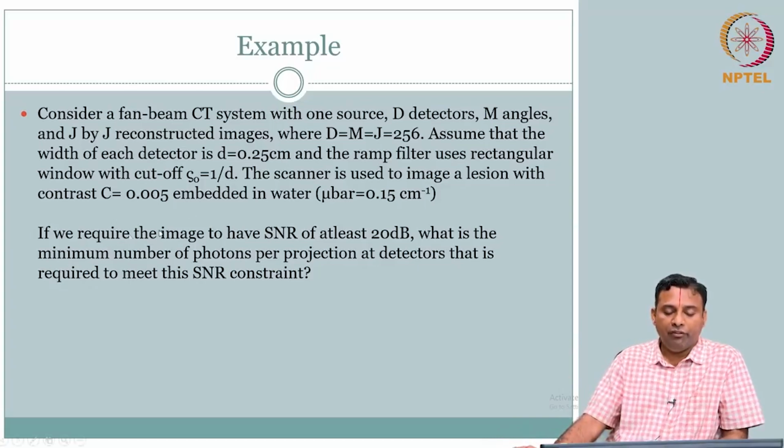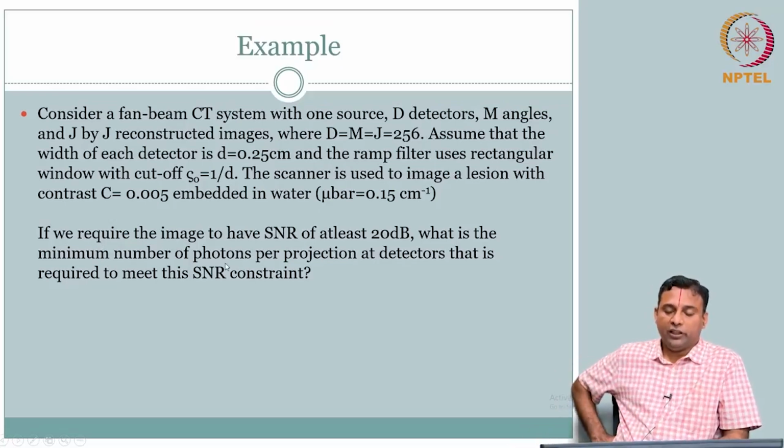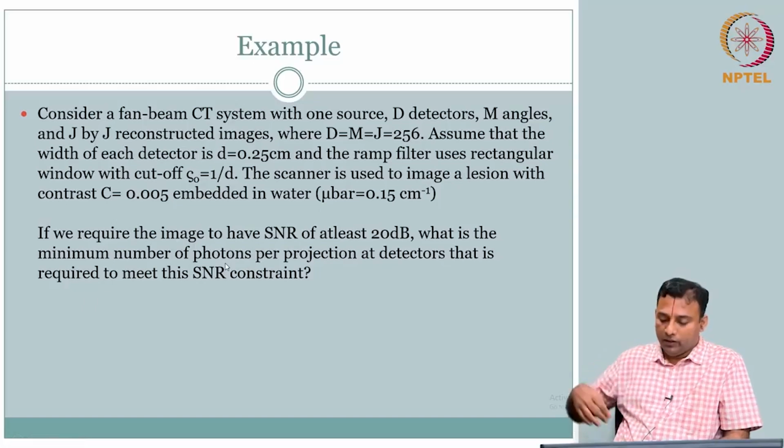So if we require the image to have SNR of at least 20 dB, what is the minimum number of photons per projection? So now it goes back to your settings. Based on your desired signal to noise ratio, you are going to come up with the exposure. What is the minimum number of photons per projection that you need?